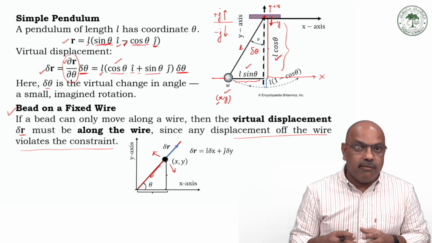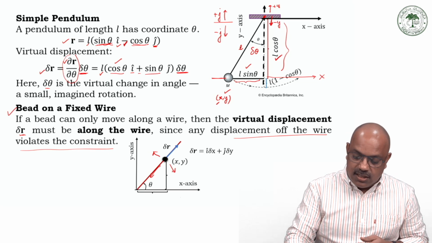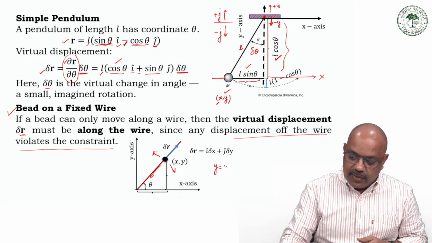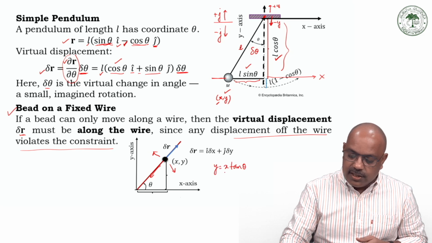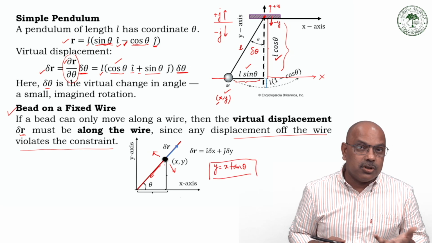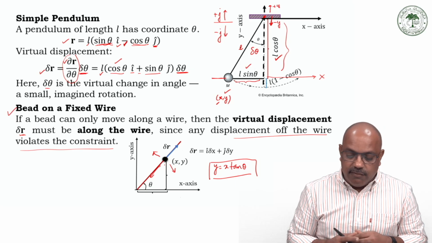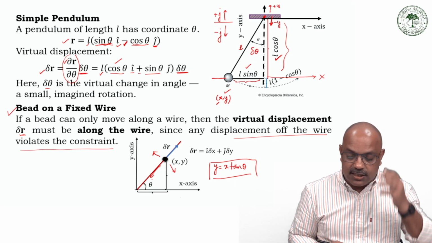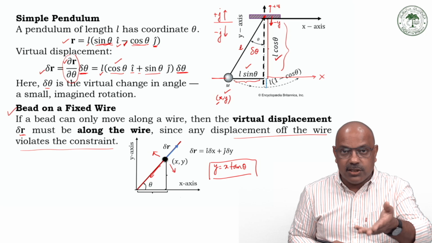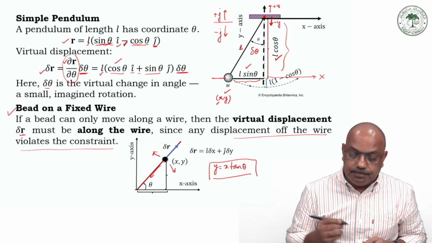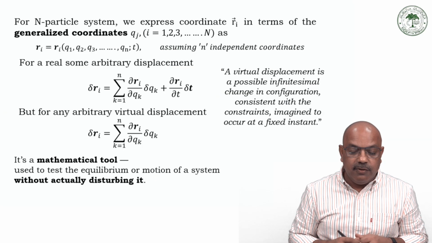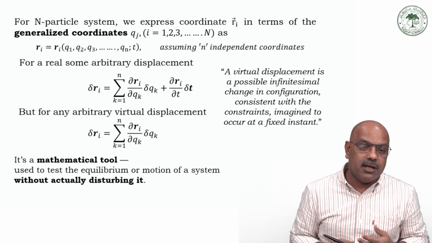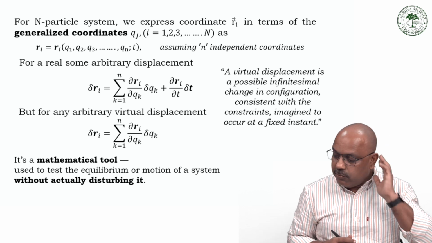If it is not along the wire, the constraint, that is y equal to x tan theta, will not remain there for the motion of the bead. Because of this, we have certain generalized velocity and coordinate.